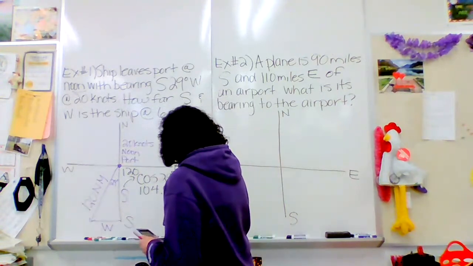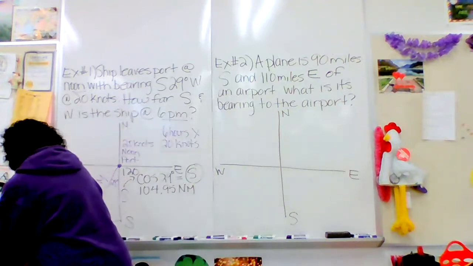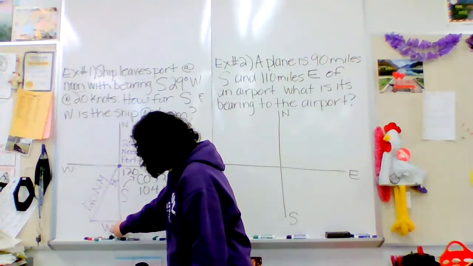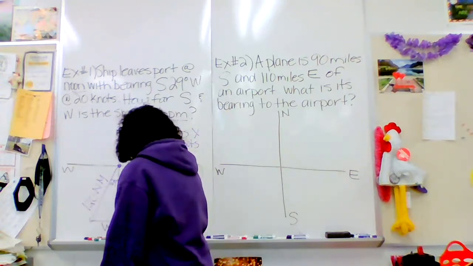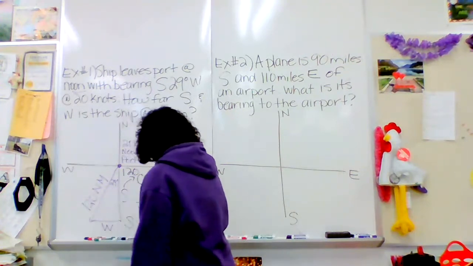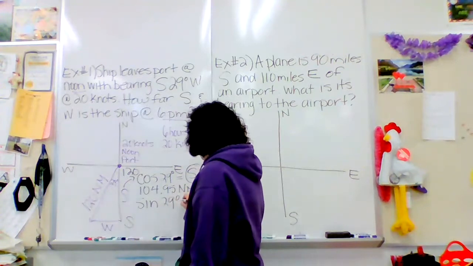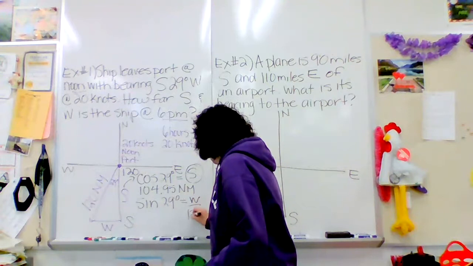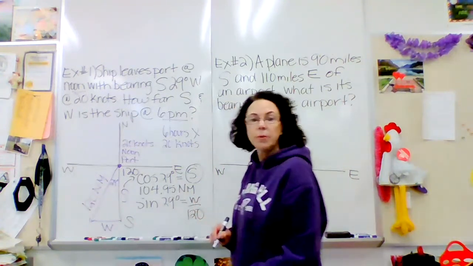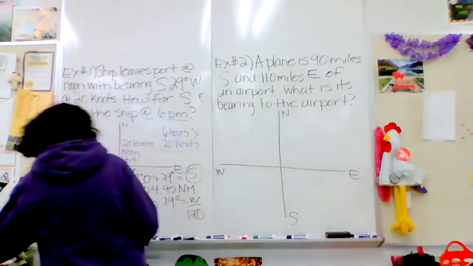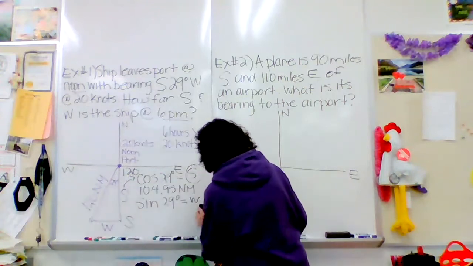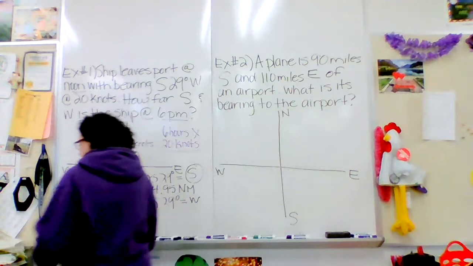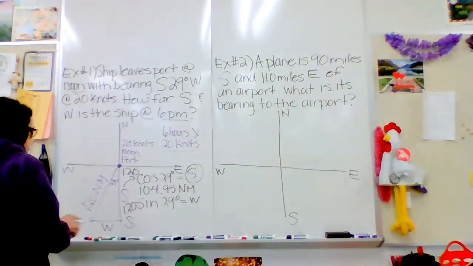Okay, now to get how far west, that would be sine, because that would be opposite over hypotenuse. So that would be sine of 29 degrees equals west over 120. Notice I can multiply both sides by 120, just like I did to get south, but this time I am using sine.